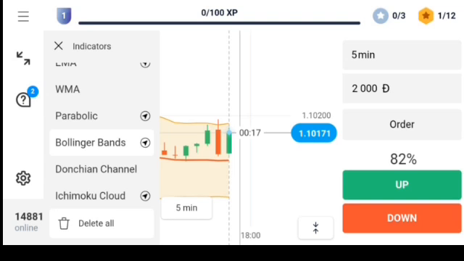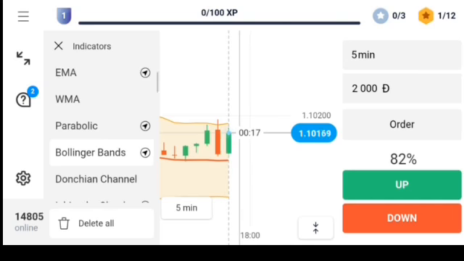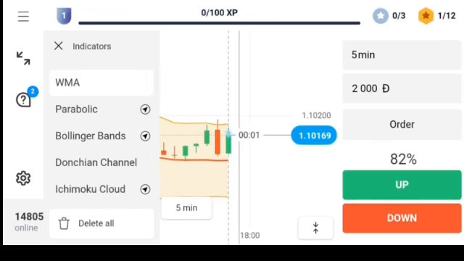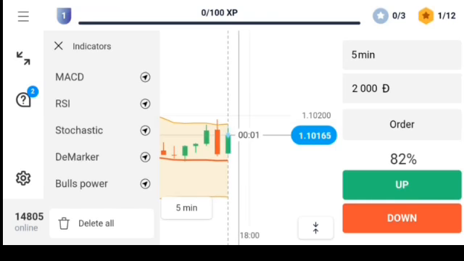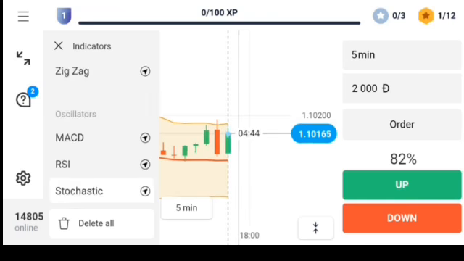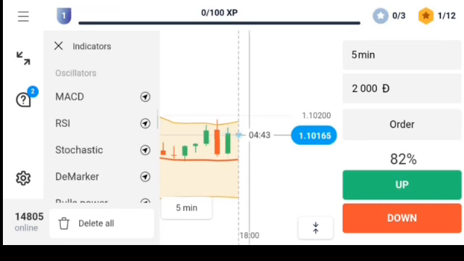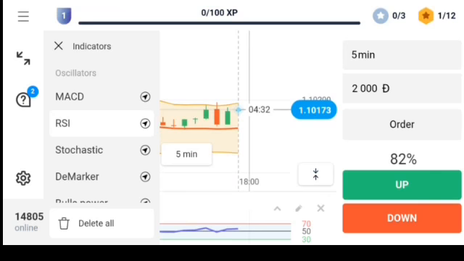Then select RSI. Okay, that's our RSI. You leave the settings in the default.